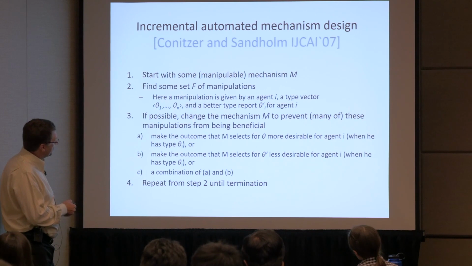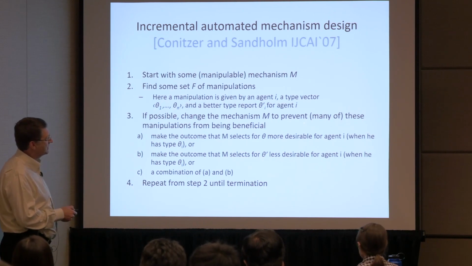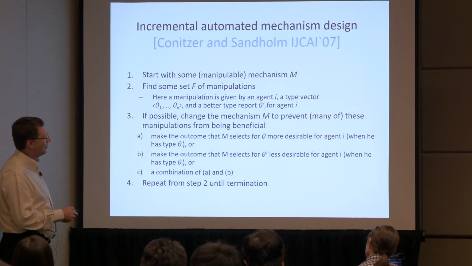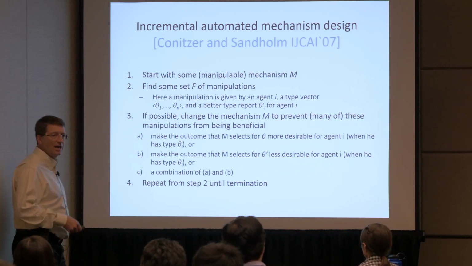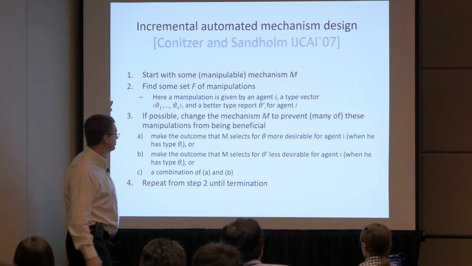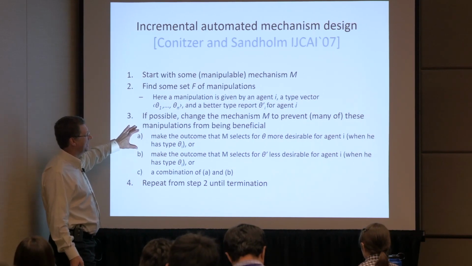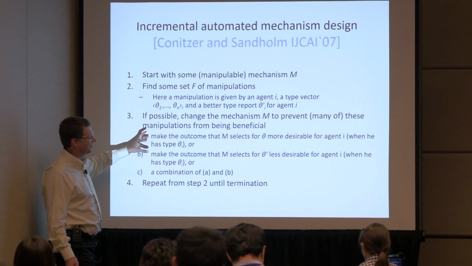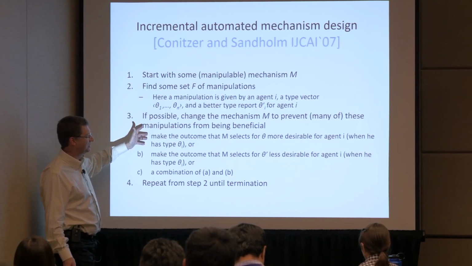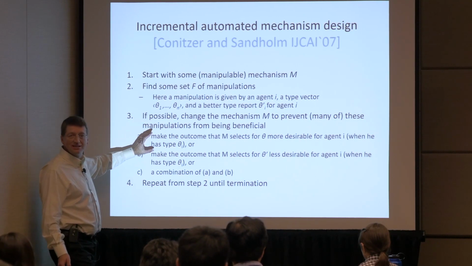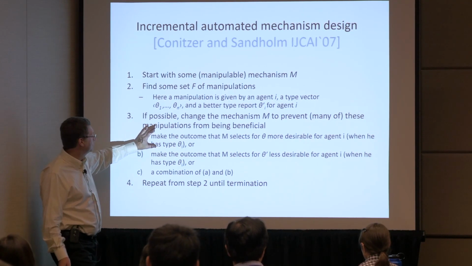If possible, we're going to change the mechanism to prevent one or more of these manipulations, maybe all of them, from being beneficial. And how do you make a manipulation not be beneficial? There are two directions. One, or A, you can make the outcome that M selects for theta more desirable for agent i, so he would be less incentivized to say theta prime.